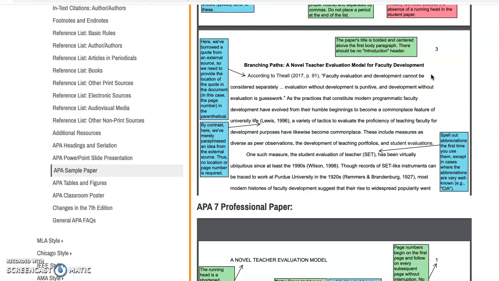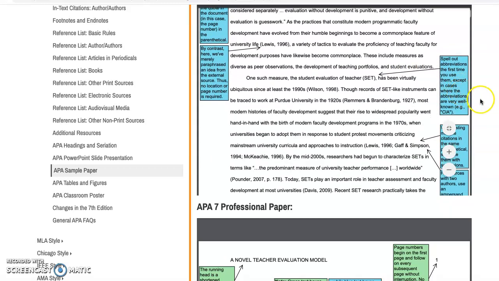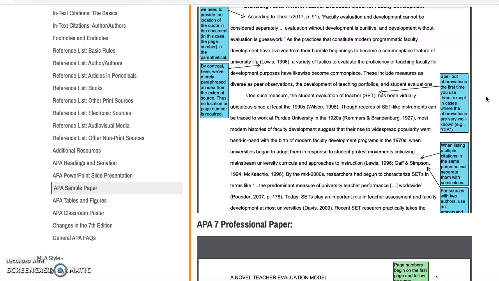If you want to have a running head, you can. Student papers do not need that, which is what yours would be considered. So running head is up to you. It's a new edition in the 7th edition. It does give you some hints for abbreviations, and I know that some people are using those, so it's important that you take a look at those things.